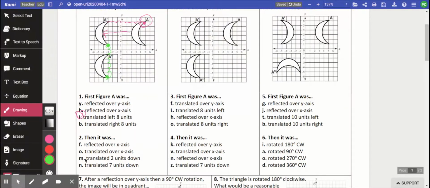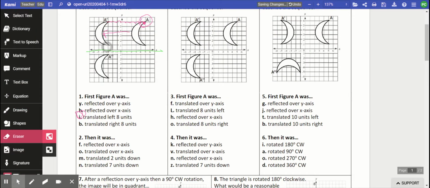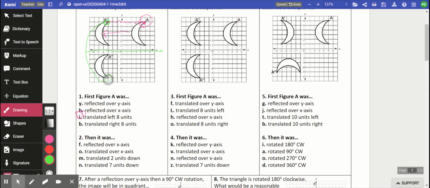So I'm going to show you guys what is the correct answer. Okay, so it said reflect over the x-axis. This is number 2, option F. So I'm going to go back to that. If we reflect again over the x-axis, I'm going to erase my drawings here, then this point A would flip down to here.